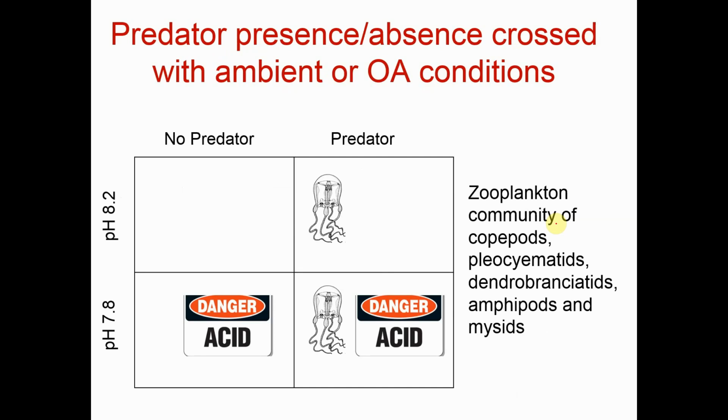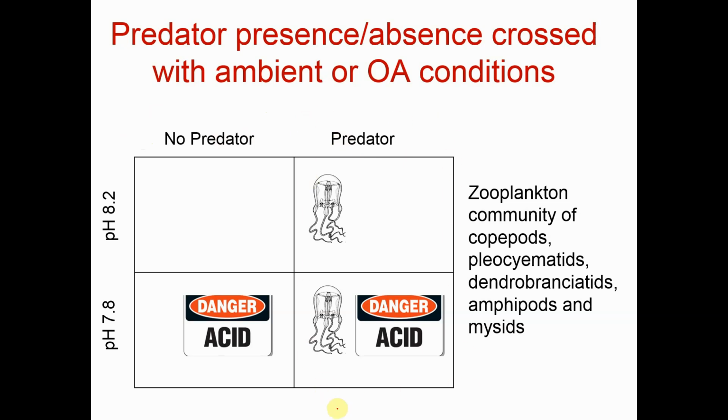So what I did was I designed an experiment where predator presence-absence was crossed with ambient or ocean acidification conditions. So what we have is this sort of 2x2 factorial design. So we have experimental replicates where we have no predator, and experimental replicates where we have a predator, in this case a jellyfish.